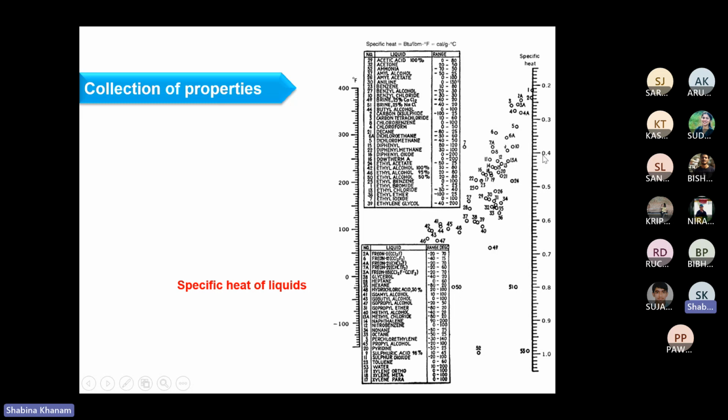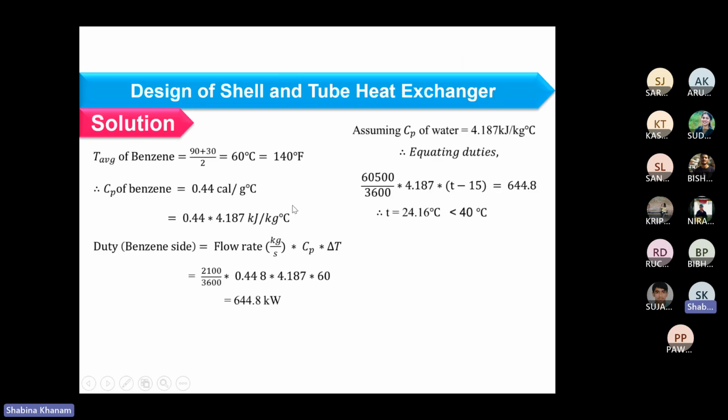You can measure that by scale. Wherever it cuts the right scale, we consider that as the value of specific heat. The value will be around 0.44 calorie per gram degree Celsius. If you see the average temperature and the 23 spot, you can see the value at 0.44.